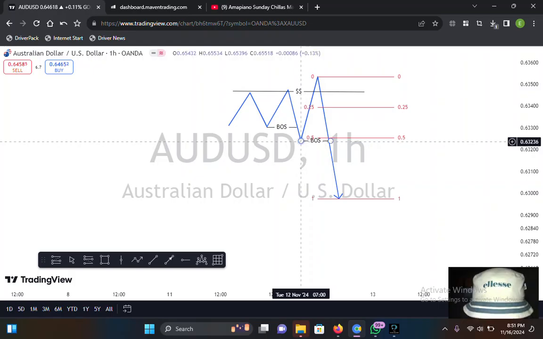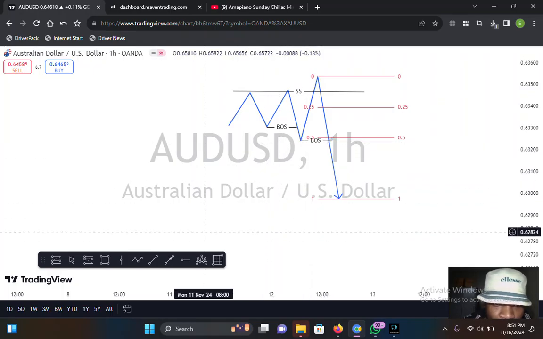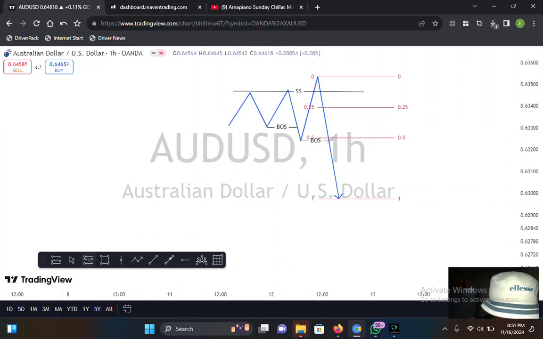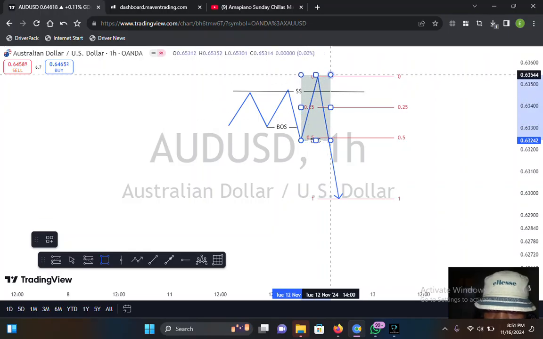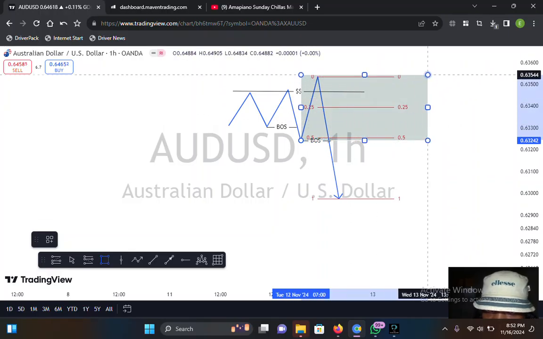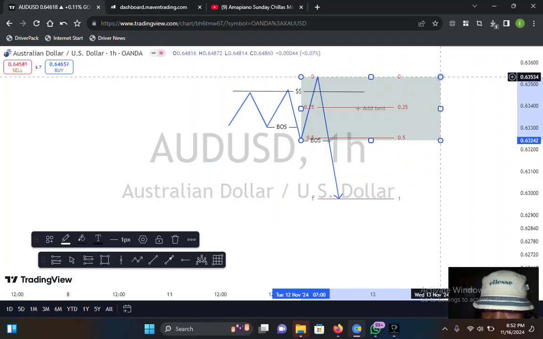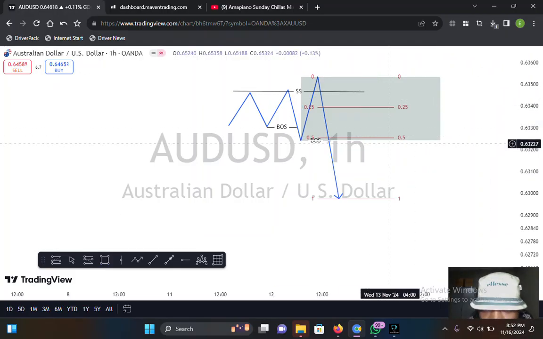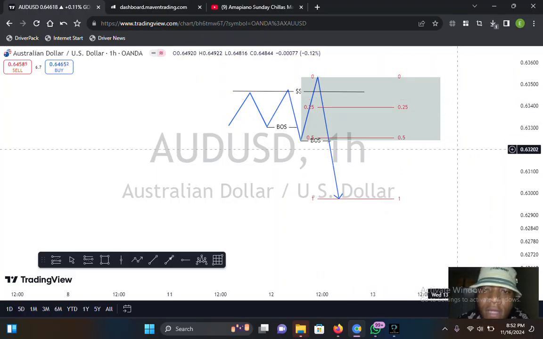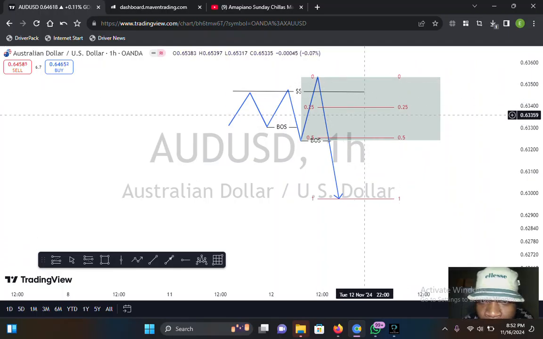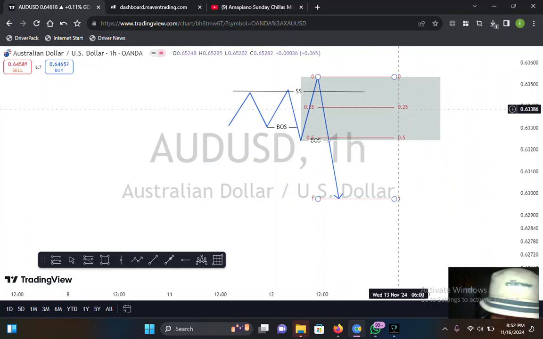This is the break of structure we see, but to find an order block, we go from that break of structure to the level where liquidity was swept. This whole zone here becomes our order block, the whole of it.